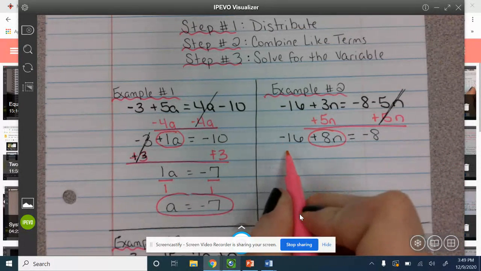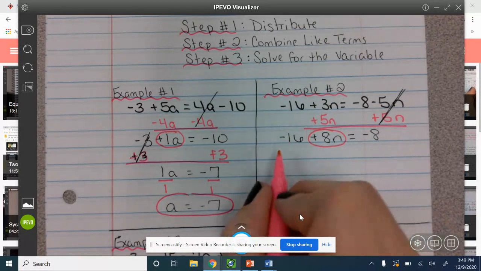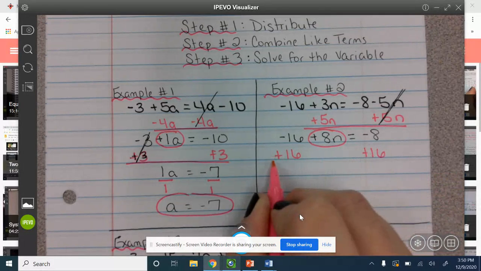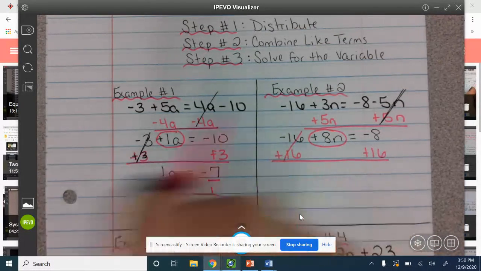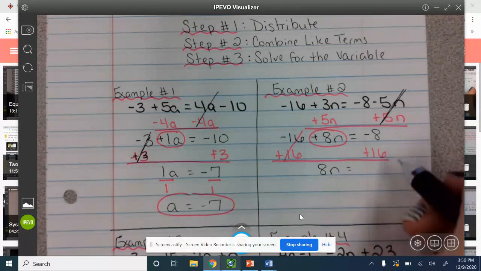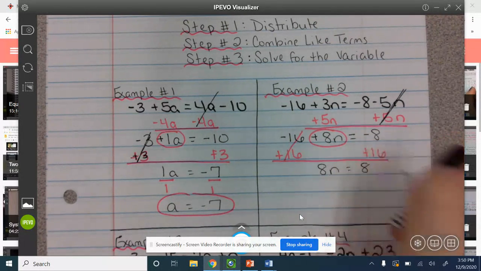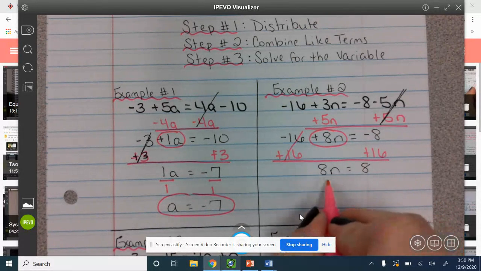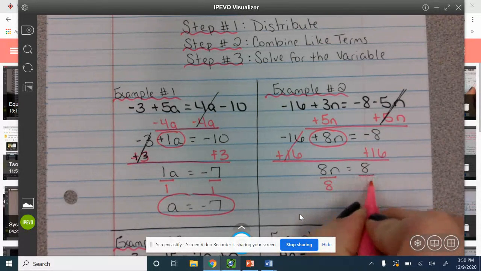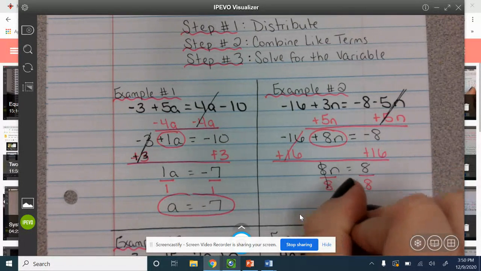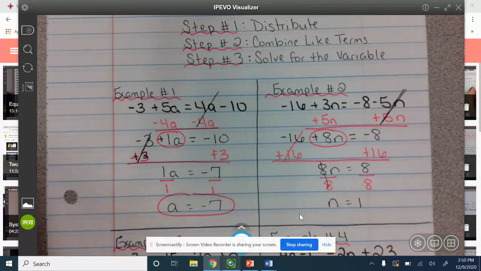How do I kick out -16, or what's the opposite of -16? That is adding 16 to both sides. So I have 8n equals -8 plus 16 will give me +8. How do you break up 8 times n? You're going to divide by 8 on both sides. Those cancel, and n equals 1.